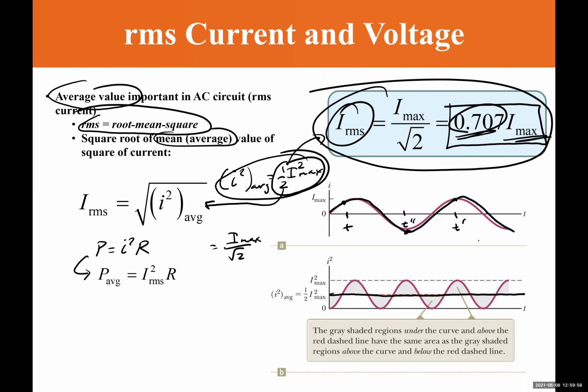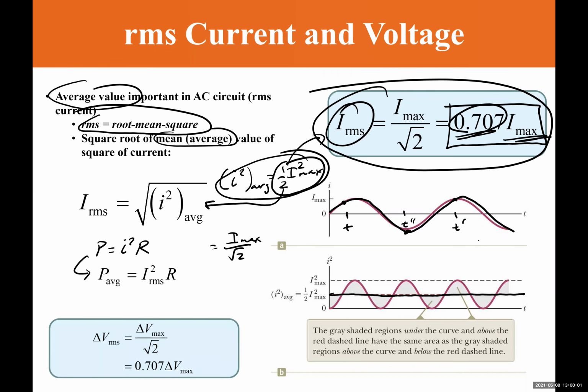That means the same thing can also be true for the voltage. Because delta V changes with time, I can basically say that delta V squared over R averaged is given by the same form, and from here, rearranging, I can calculate the RMS voltage value, which is again 0.707 times delta V max.